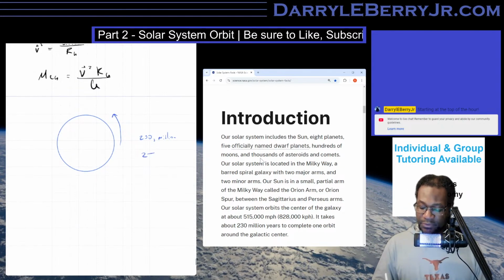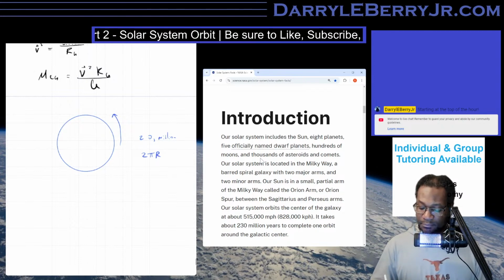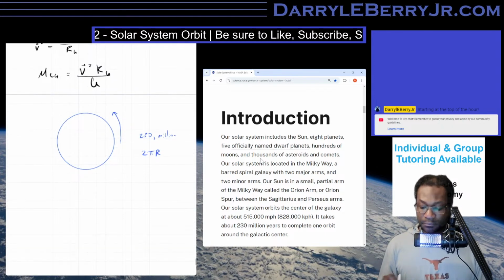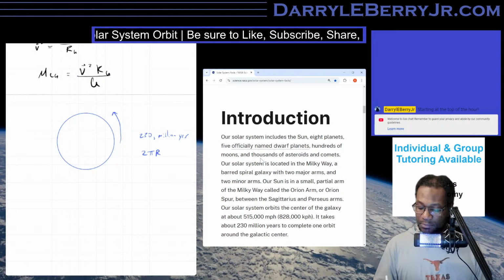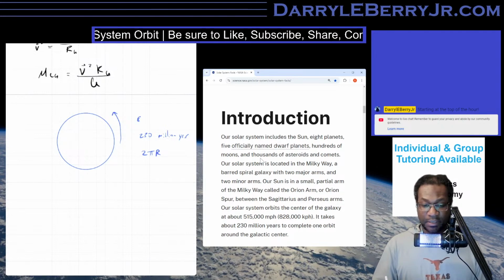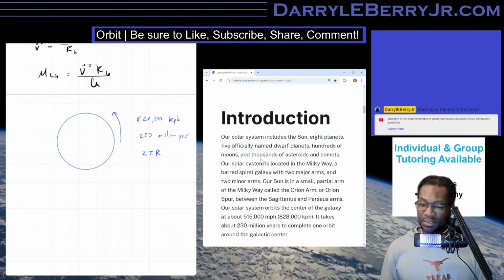The distance is 2 pi r. And the speed is 828 kilometers per hour.